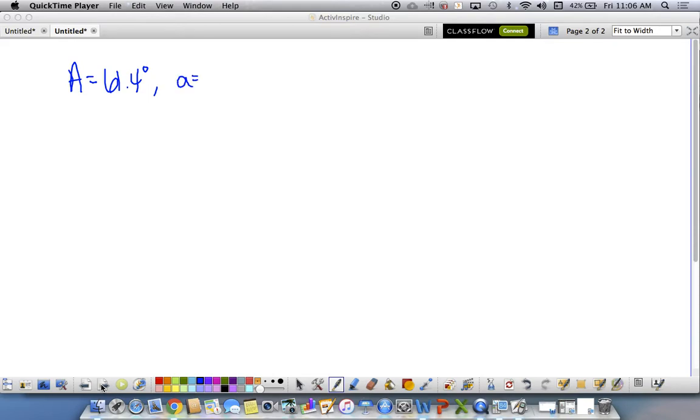Side A is 35.5 centimeters. And side B is simply 39.2 centimeters. Can you solve at first how many triangles?